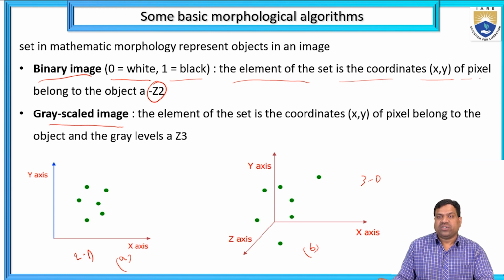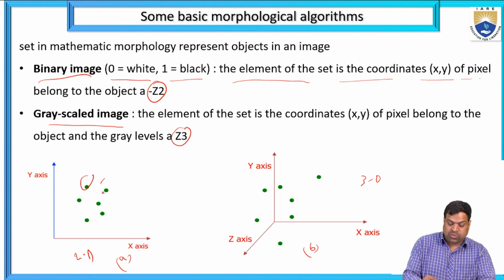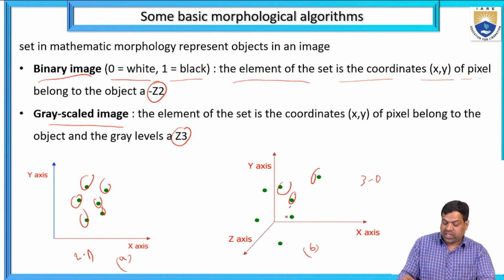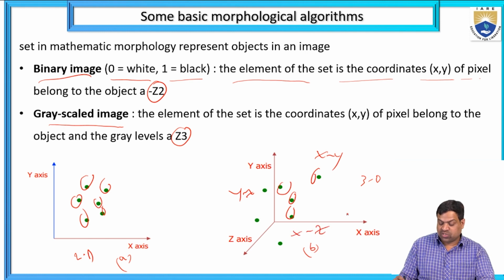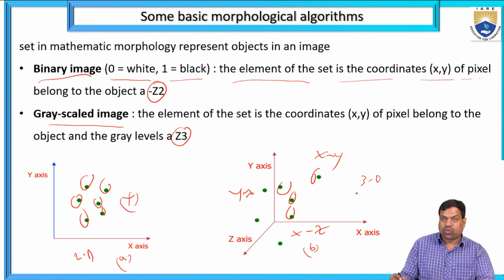The element of the set is the coordinates x, y of the pixel belonging to the object, and the gray levels are Z cubed. So three coordinates are formed here, between x and y, y and z, and x and z. Here only x and y are positive coordinates, but in 3D there are different coordinates in xyz.